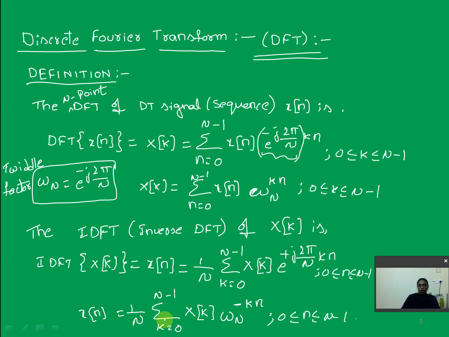These two are the analysis equation and the synthesis equation for the DFT. Here x of n is the time domain representation, and X of k is the frequency domain representation. x of n is a discrete time signal, and X of k is also discrete.